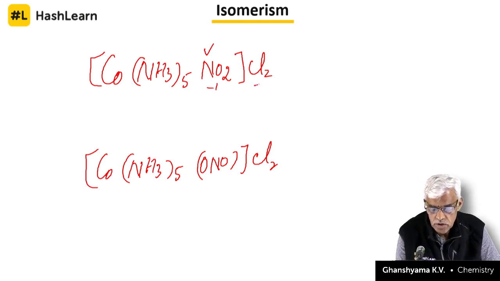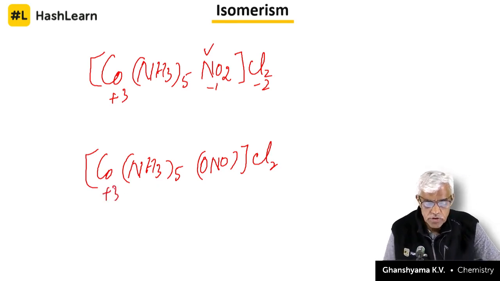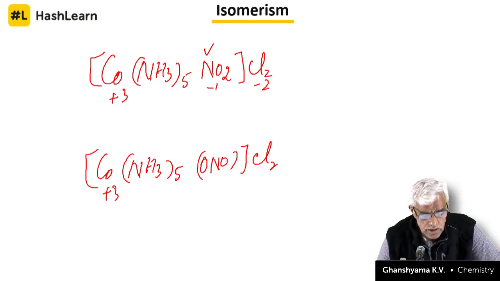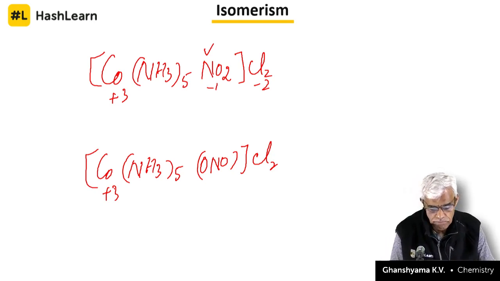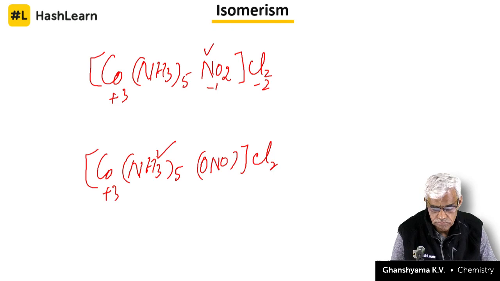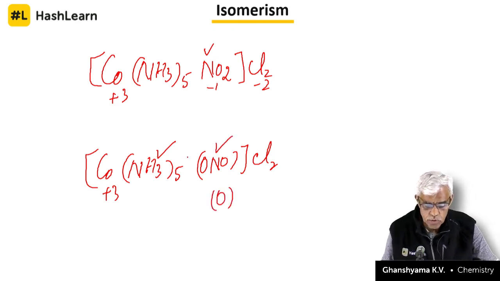This is -1, this is -2, therefore this is +3. Same thing will apply here. So N is connected, therefore we call it pentaamine nitrito N cobalt 3 chloride. Whereas here pentaamine nitrito O is connected to the central metal, O is the ligating atom.